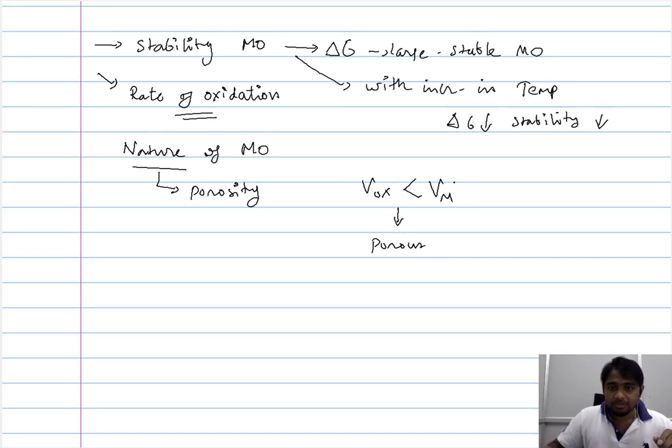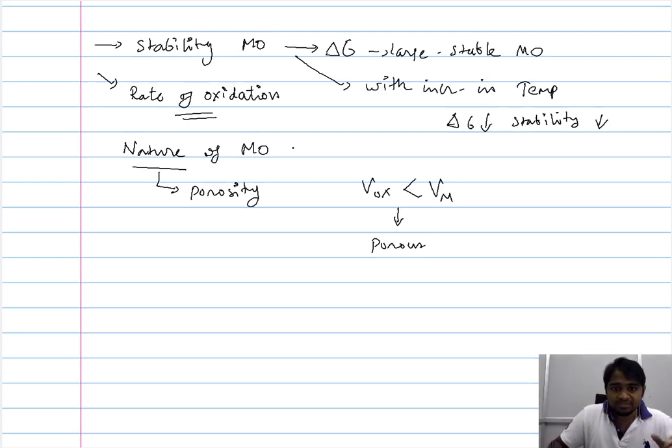So in this relation, wherein the amount of oxygen that is available for the oxidation of the metal is relatively less when compared to the metal, you ultimately end up having a porous network of metal oxide, and this relation can be expressed by considering the ratio of the amount of oxygen that is being consumed with respect to the amount of metal that is being consumed.